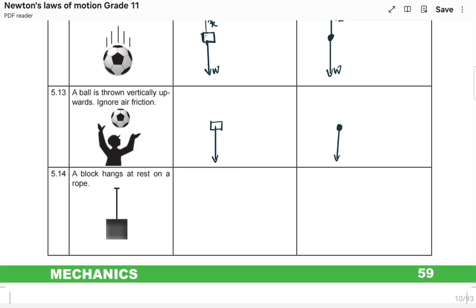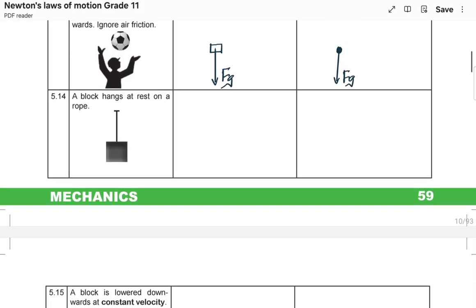Because the next ones will be projectiles, the only force acting is the gravitational force. So I think the best way is to change this W to Fg. That's the only force acting there.